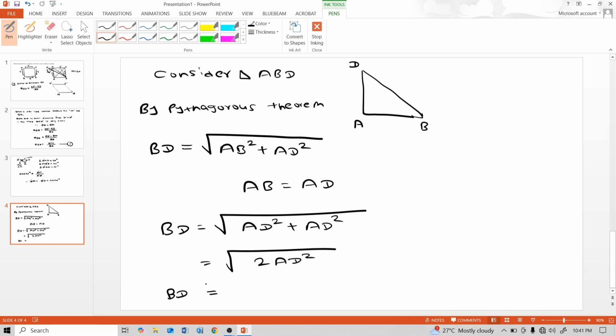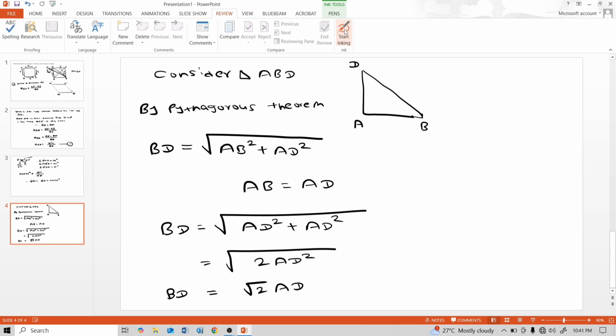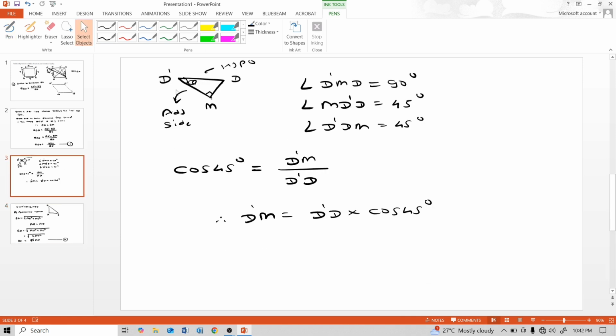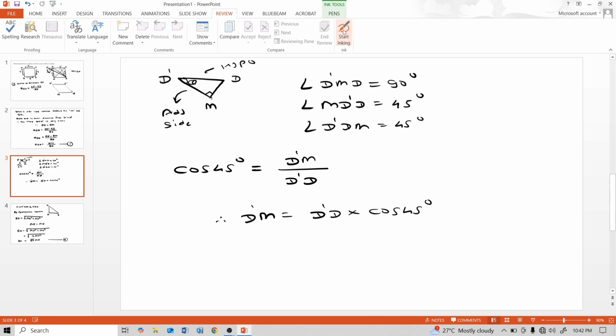So BD is root 2 AD. This is equation number B.